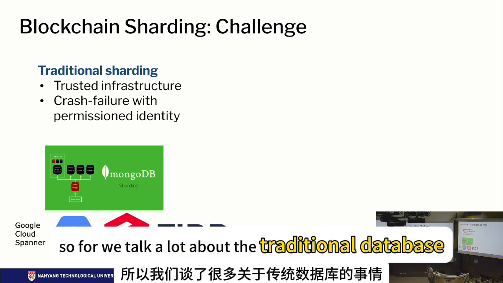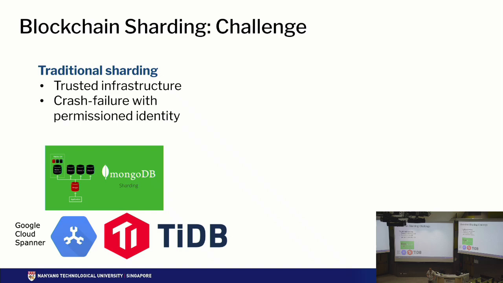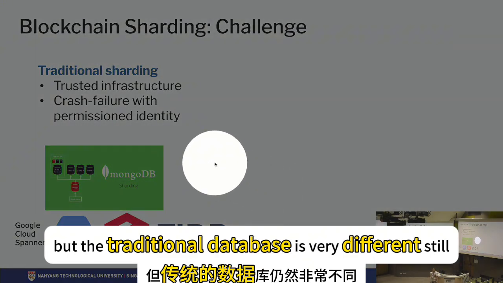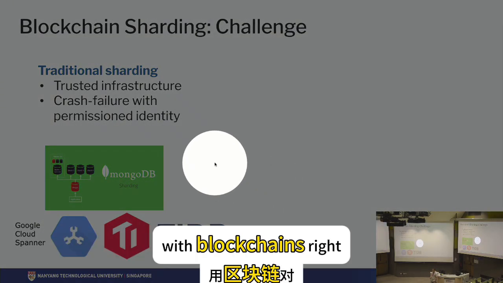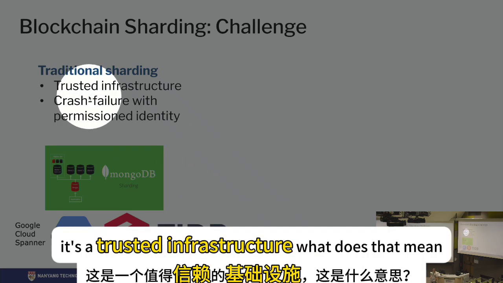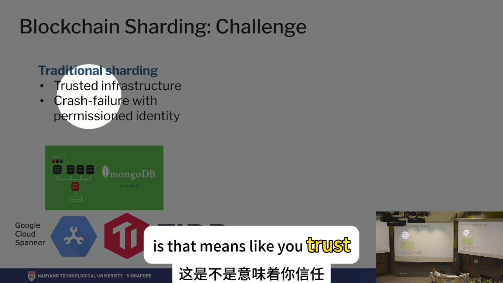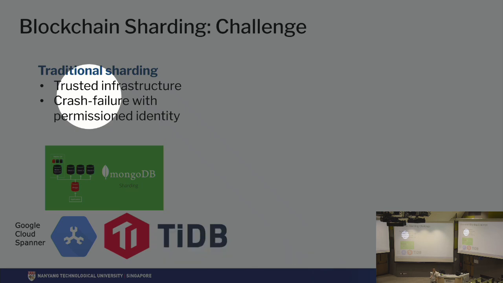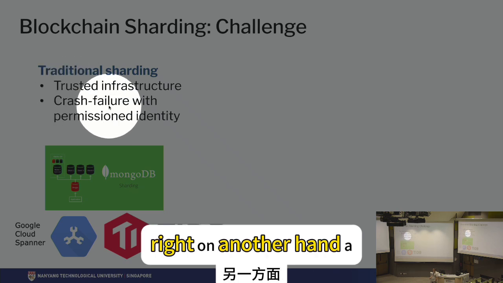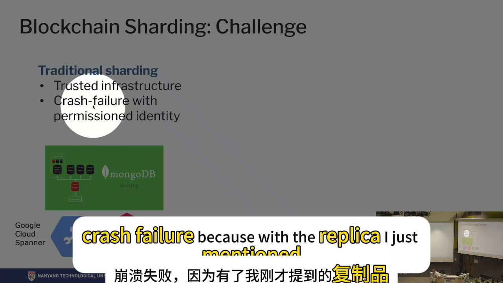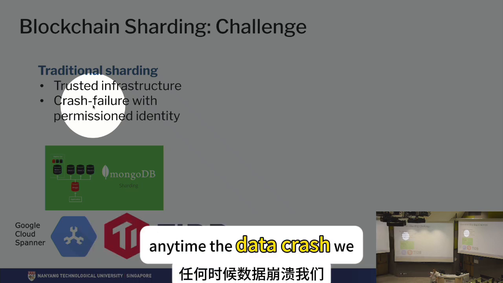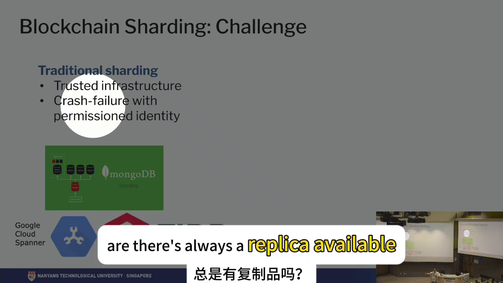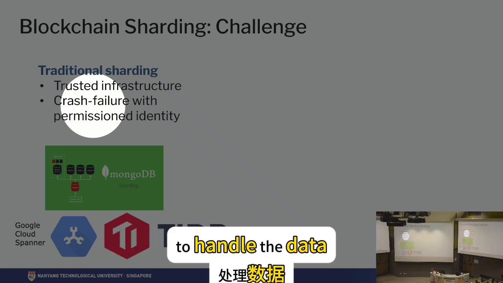So we talk a lot about the traditional database, but the traditional database is still very different from blockchains, right? On one hand, it's a trusted infrastructure. What does that mean? It means you trust Grab to host your data safely, and the other ones to handle all the data safely. You trust them, right? On the other hand, it has crash failure, because with the replica I just mentioned, anytime the data crashes, there's always a replica available to handle the data.